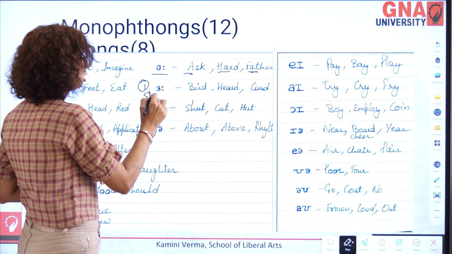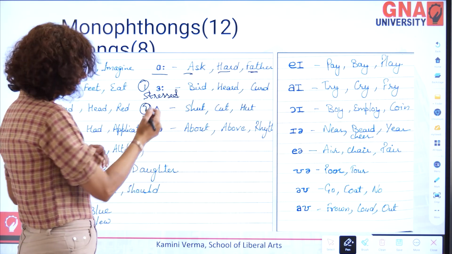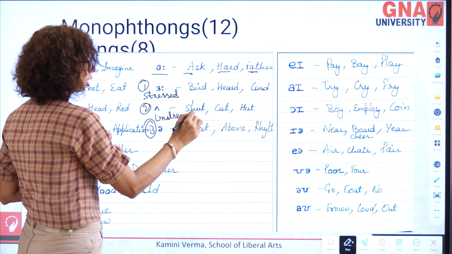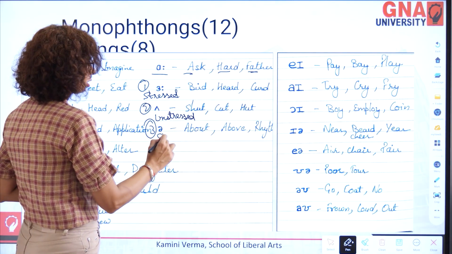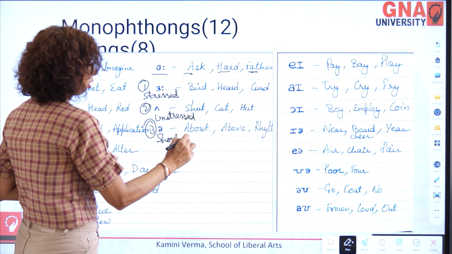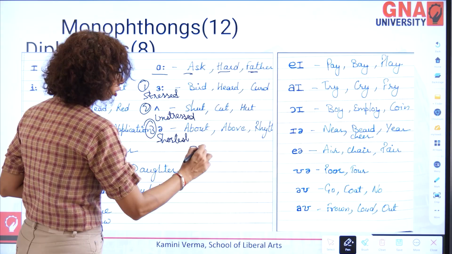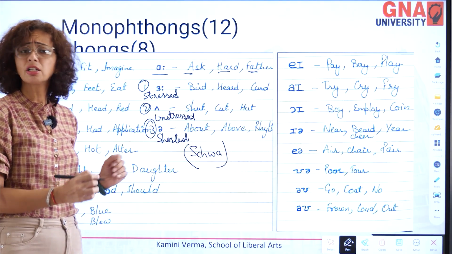This A is the stressed one. Second A is the unstressed one. And third A is the shortest A in English. We also call it schwa in English. So instead of calling it A, we always call it schwa.